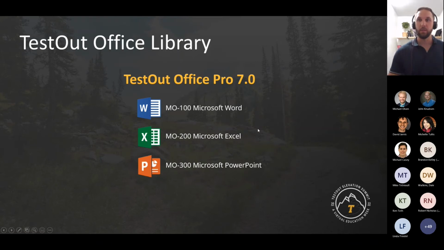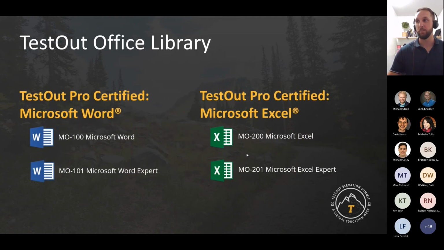All right, so many of you know we have a TestOut Office library. In the TestOut Office library, our first product was TestOut Office Pro, which prepares students for the associate level certification, MOS 100 for Word, 200 for Excel, and 300 for PowerPoint. We also have introductory level training on Outlook and Access. And then last year we released TestOut Pro Certified Microsoft Excel, which focuses in on Excel.